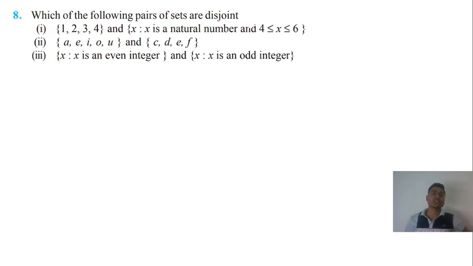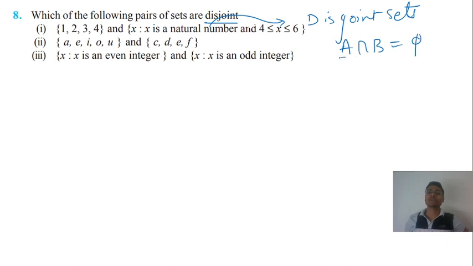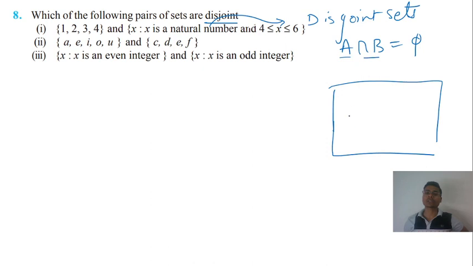Coming to question number 8, which of the following pairs is a set of disjoint sets? So for your kind information, I will just introduce disjoint sets. Disjoint sets have intersection 0, meaning phi. If two sets are not joined anywhere, suppose this is the Venn diagram of two sets, set A and set B, and they have no boundaries connecting to each other.